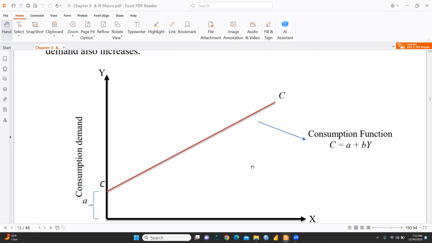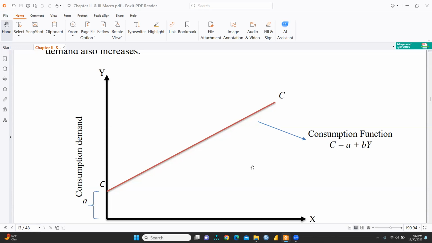If I give an example of autonomous consumption, suppose a student who is studying right now is not earning a single rupee. Still, he is consuming goods and services. Every day he is having some food, wearing clothes, and having some shelter.